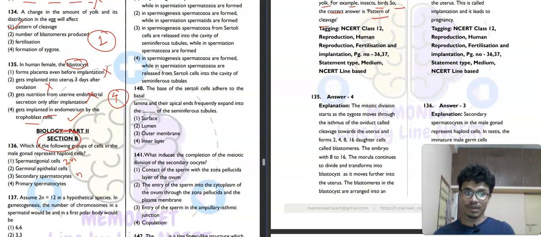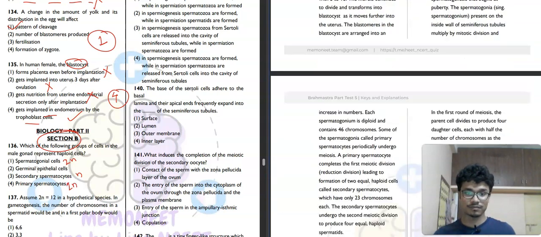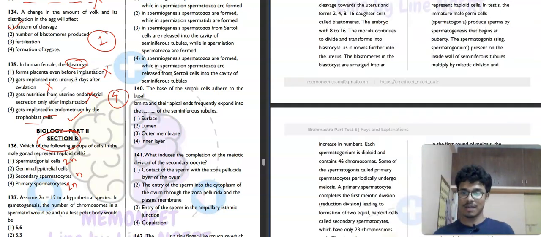And the primary spermatocytes are diploid. These are not haploid structures. And these germinal epithelial cells are found in both testes and ovary. So that's why the haploid structure is the third option, that is the secondary spermatocyte.